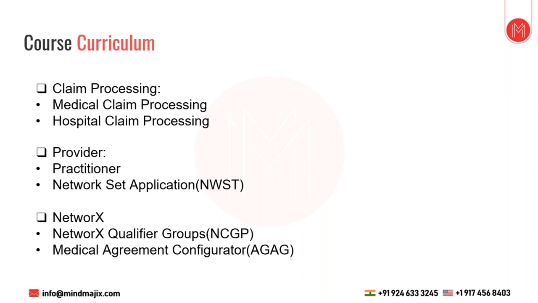NWST is the network set application which assigns a network to a provider, through which we can identify if a provider is in-network or out-of-network. According to that, the payment should be assigned to a provider. Maybe in-network will have higher pay grades, and out-of-network would have lower pay grades.